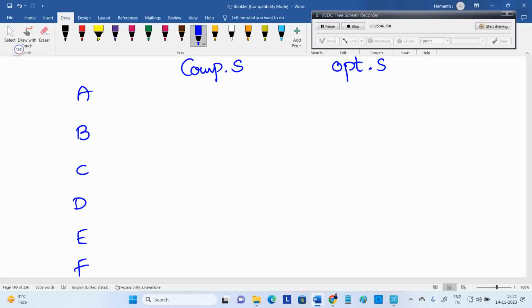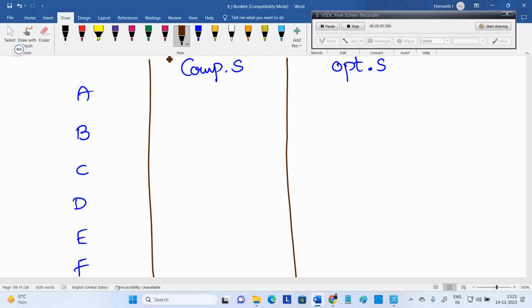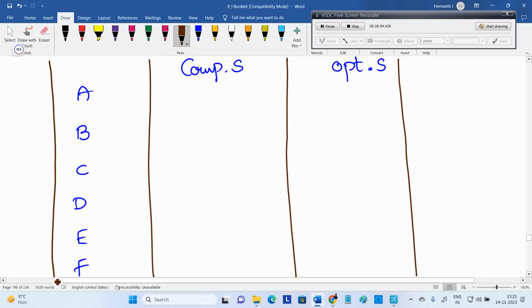Now your job is to prepare a table: which person's compulsory subject is what, which person's optional subject is what. You need to map all the data into this table. So we call it puzzle arrangements.